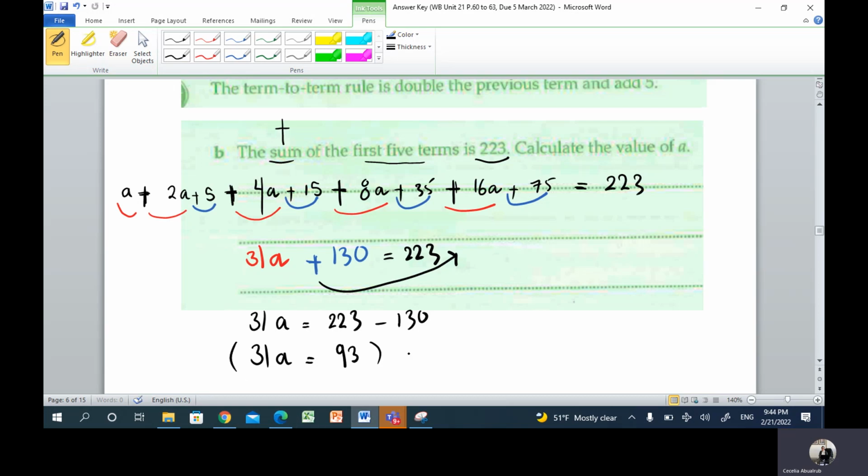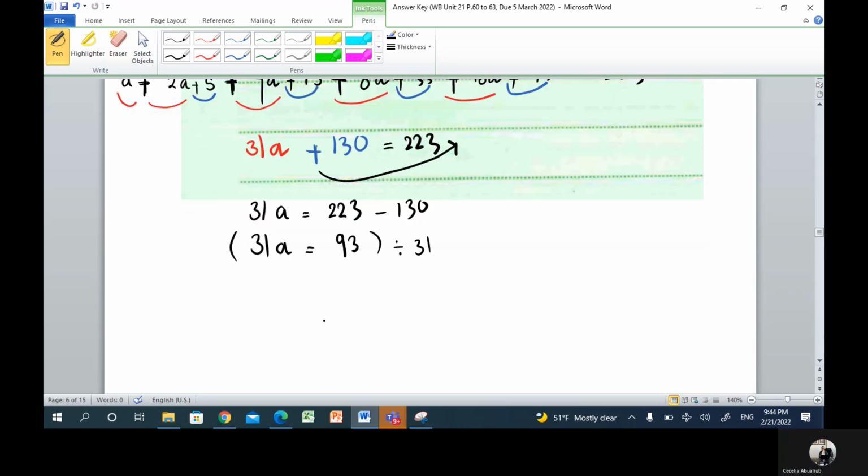Get rid of the coefficient of a by dividing each side by 31. So 31a over 31 is equal to 93 over 31. This 31 cancels this 31, so a is left on its own, and 93 divided by 31 brings a down to 3. So we found the value of a as 3.